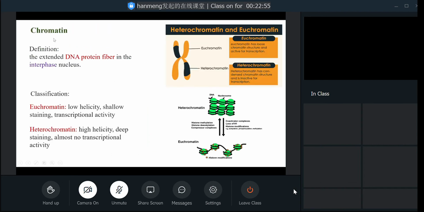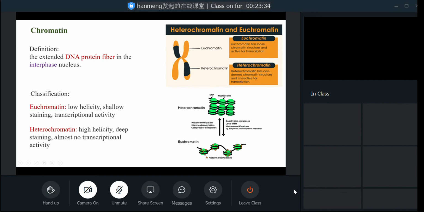So first, the chromatin. Chromatin is the extended DNA protein fiber in the interphase nucleus. According to their transcriptional activity, the chromatin can be divided into euchromatin and heterochromatin. Euchromatin is low helicity and light staining.